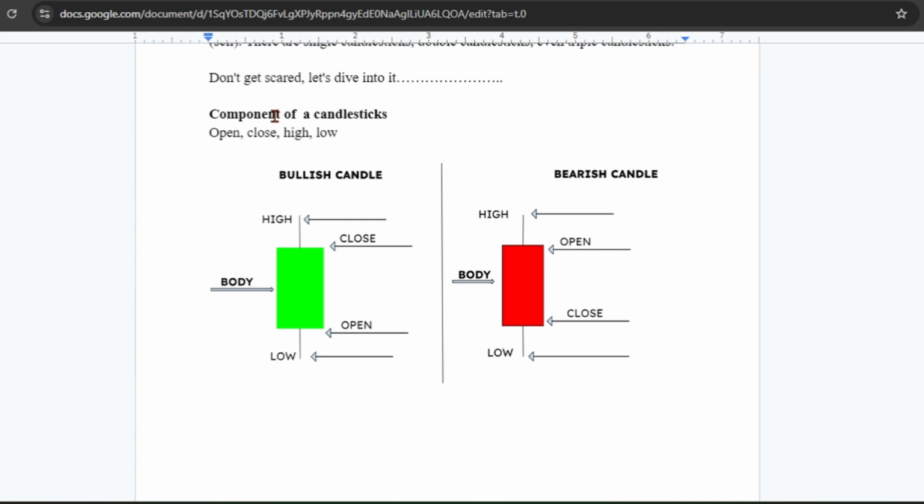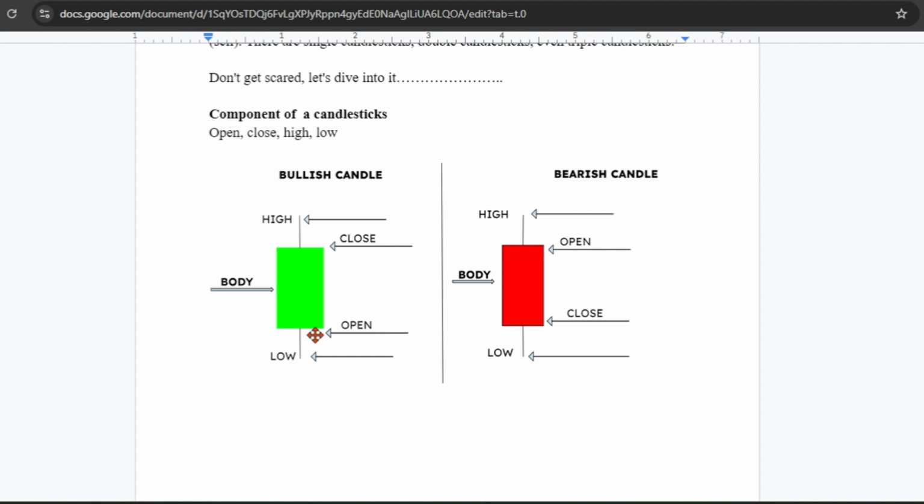Look at these components once again. These are what a candlestick comprises: open, close, high, and low. Both bullish candlestick and bearish candlestick have these, but where they have them is different. Let's explain further.